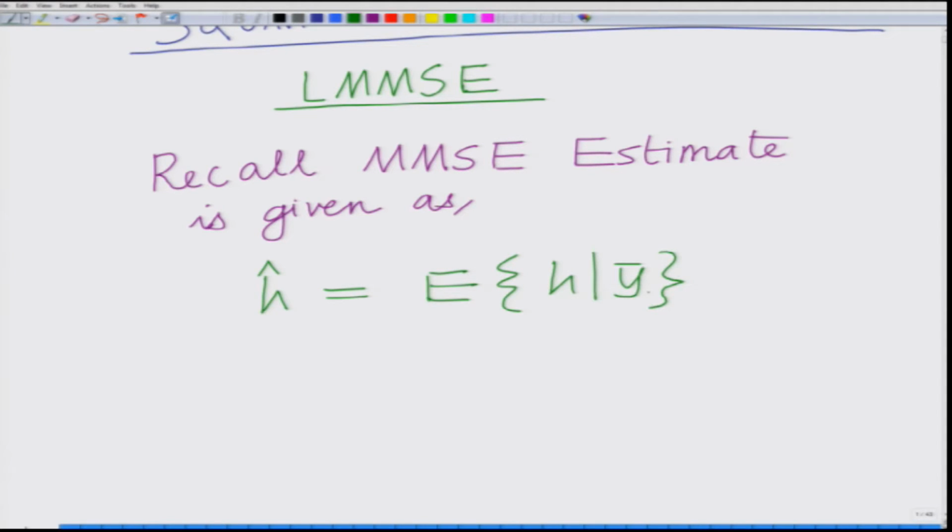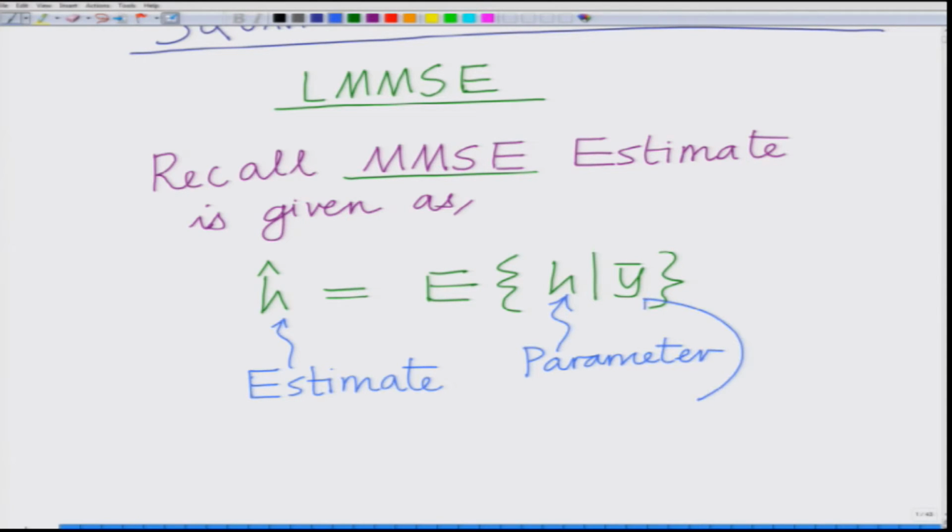This we have said is the optimal MMSE estimate, where h hat is the MMSE estimate, h is the parameter and y bar is the observation vector.